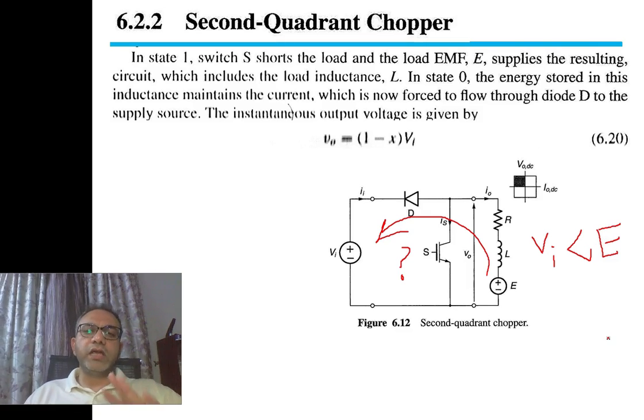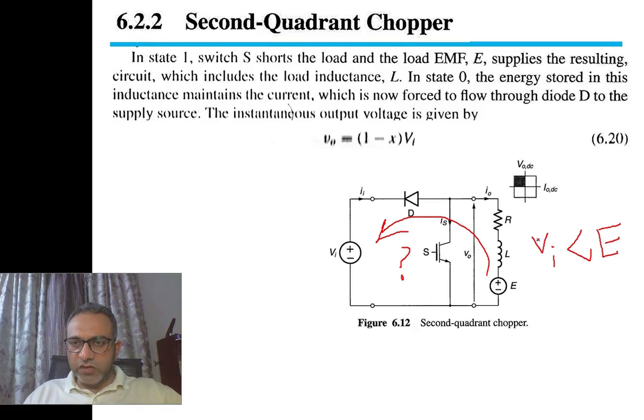This is the only technique to make current flow from the load to the source. That is, we make the voltage appearing across the load larger than the source voltage. So just as a correction, let us say this is point A and this is point B.